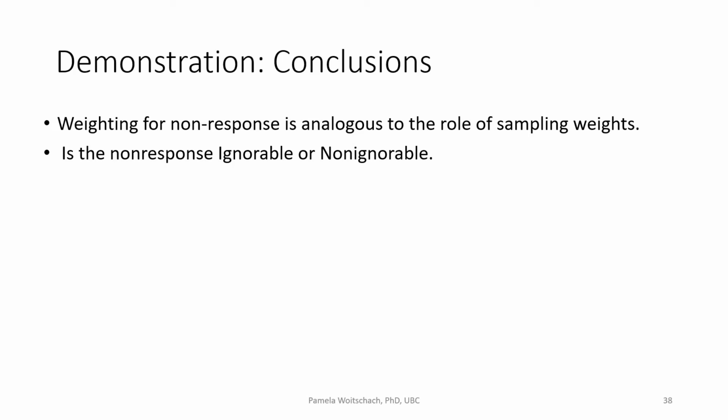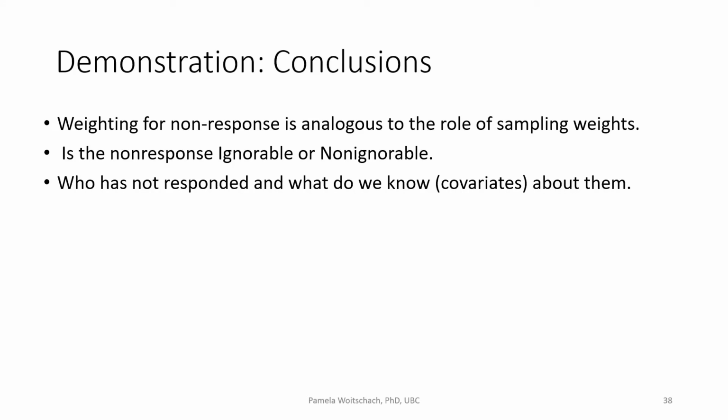Testing for non-response mechanisms is still a hard approach to take, as we often do not have the certainty that all variables related to the response or non-response mechanisms are included in our data set.